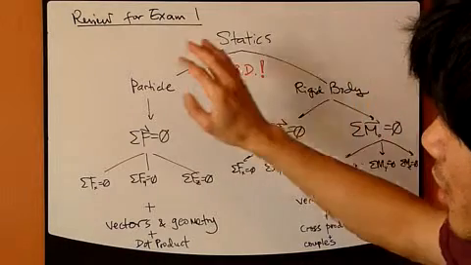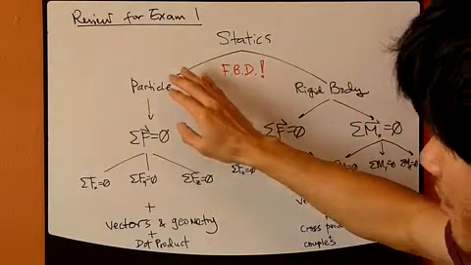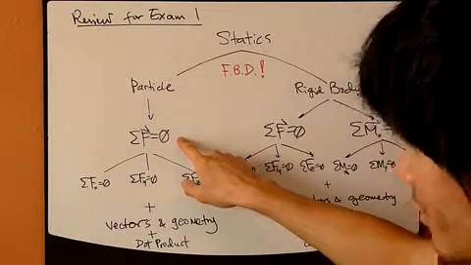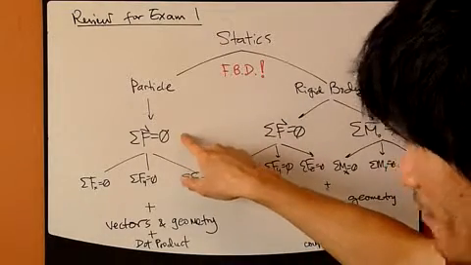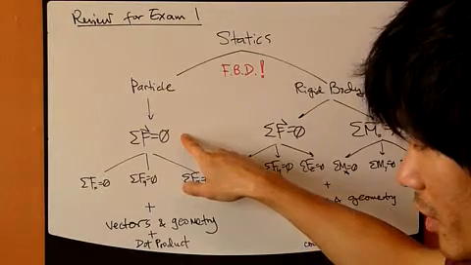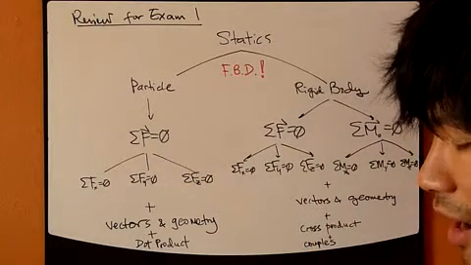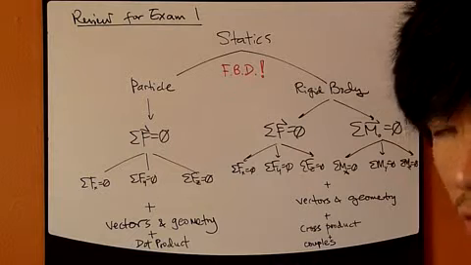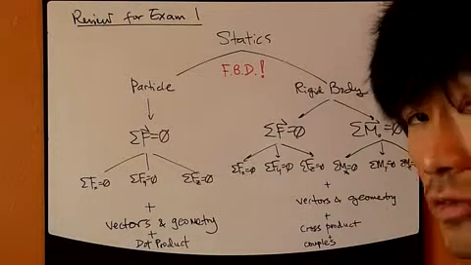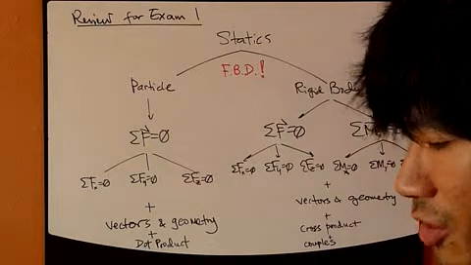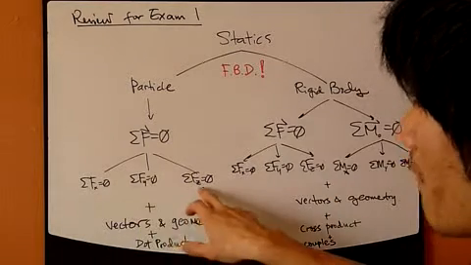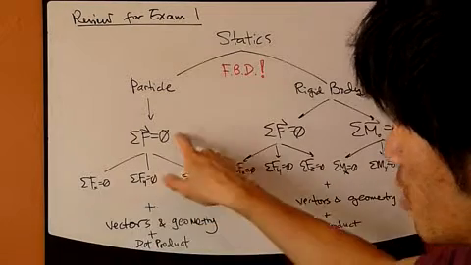For particle statics, there's only one equation. Sum of forces equals 0. That's all. It's a vector equation. So you need to recognize whether the problem is two-dimensional or three-dimensional, and what coordinate system is most useful. If you choose Cartesian coordinate system, x, y, z, then you have these three components of this equation.